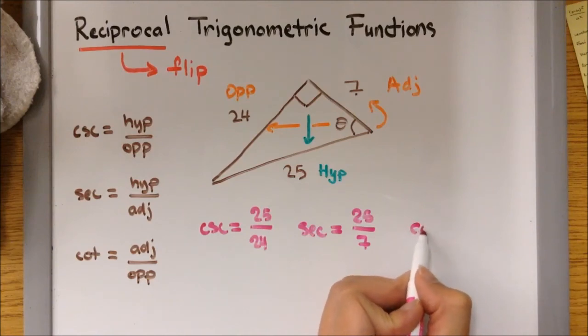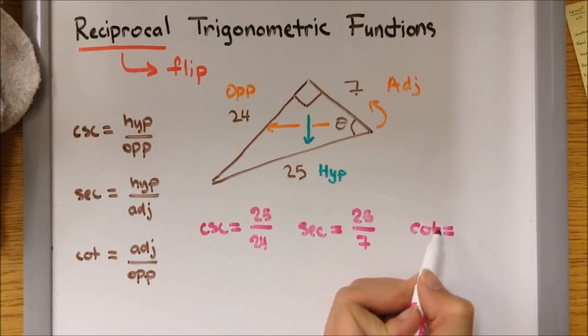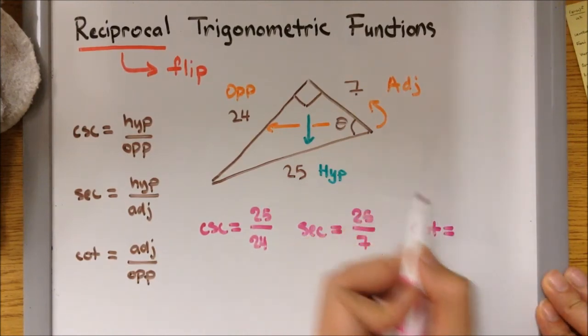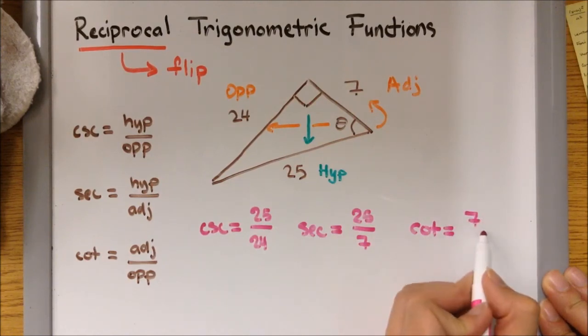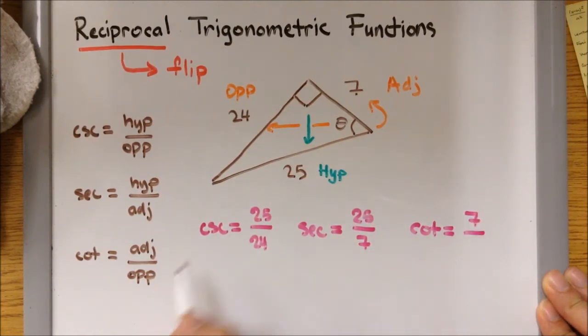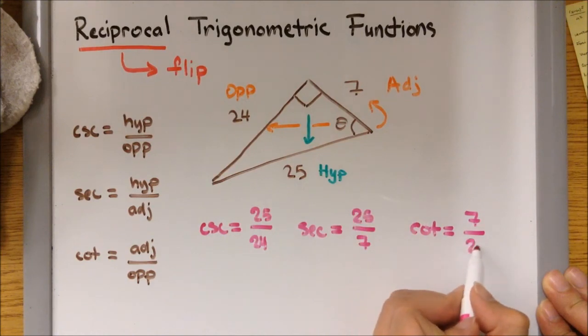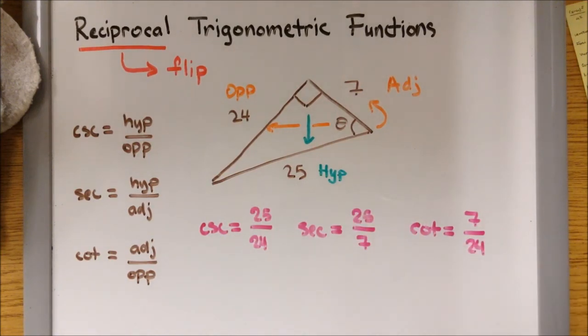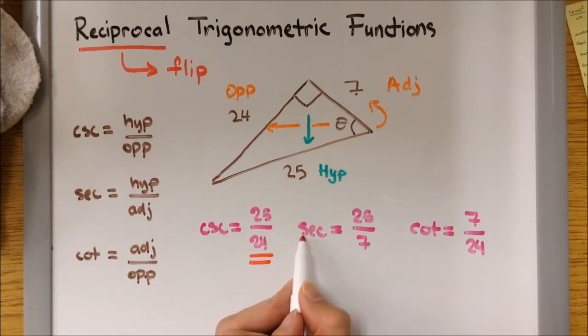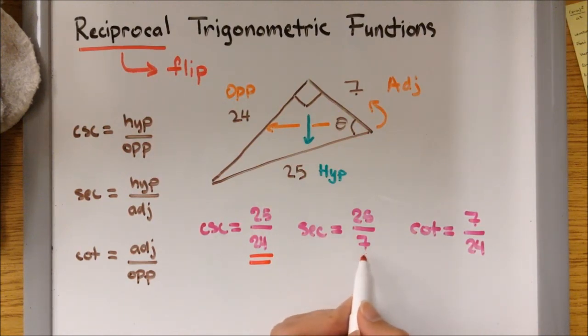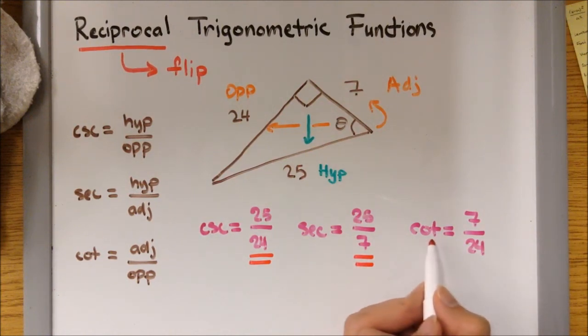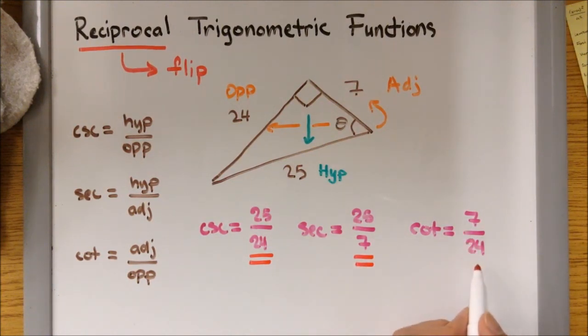Last, we're going to do cotangent, COT. What's on the top is adjacent, which is 7, so 7 on the top. What's on the bottom is opposite, so 24 will go on the bottom. So that's all we have to do. Cosecant, CSC, is 25 over 24. Secant, SEC, is equal to 25 over 7. And cotangent, COT, is equal to 7 over 24.